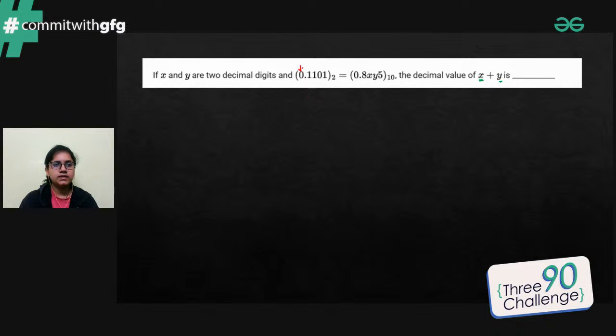So this will be 0 into 2 to the power 0 plus 1 into 2 to the power minus 1 plus 1 into 2 to the power minus 2 plus 0 into 2 to the power minus 3 plus 1 into 2 to the power minus 4. So this will be 0 plus 1 by 2, plus 1 by 4, plus 0, plus 1 by 16.